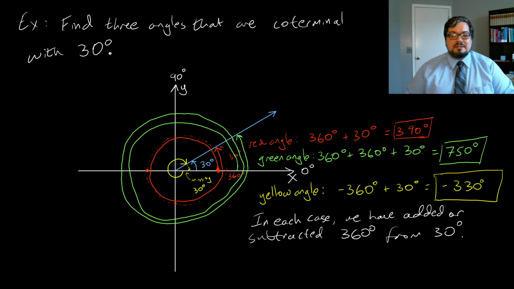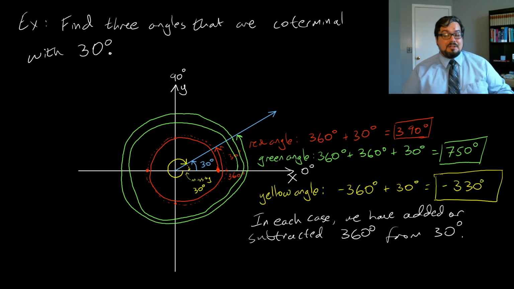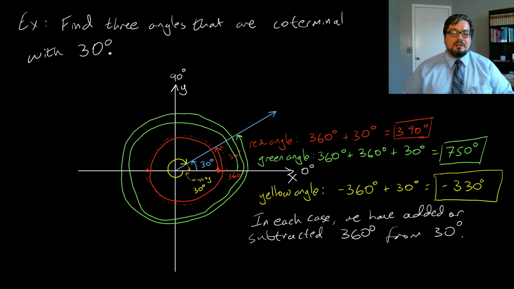So this gives us a fact that we can use, that I'll write down on the next slide. So first of all, our answer to this problem is complete when we answer 390 degrees, 750 degrees, negative 330 degrees. Now, of course, these are not the only answers. In fact, there are infinitely many possible answers to this problem, because we could keep rotating around the circle as many times as we wanted to, either in the positive direction or the negative direction.